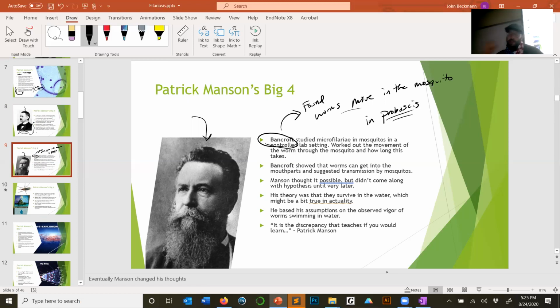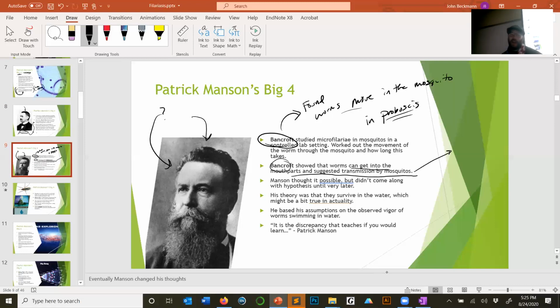And as soon as you find the worms in the proboscis, right, what's this guy going to think? It's transferred during feeding, right? And so that's what Bancroft is famous for. His theory was that the worms might get into the mouth parts and get transmitted through the mosquitoes.